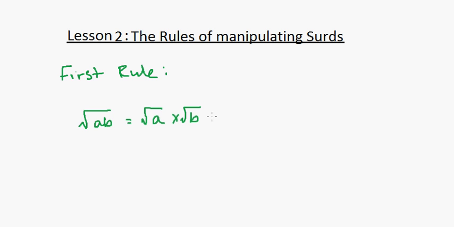So this is the first rule, so let's give an example. If you are given, say, the square root of 18, you can write it in factors, so a times b equals 18. So you can write root 2 and root 9.